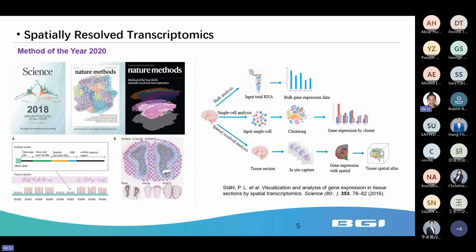In 2020, spatial transcriptome technology was named the technology of the year by Nature Methods, further confirming that this technology has tremendous development potential.